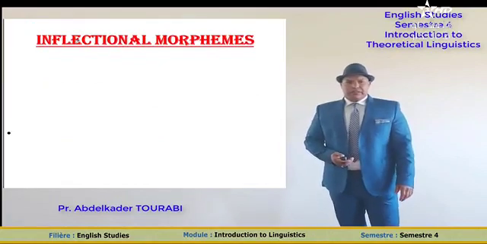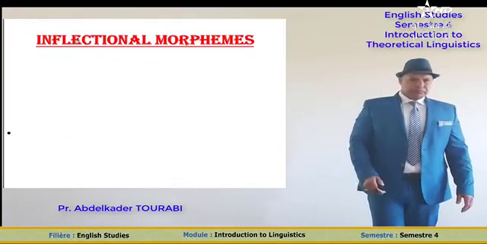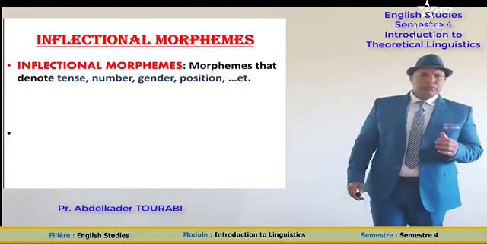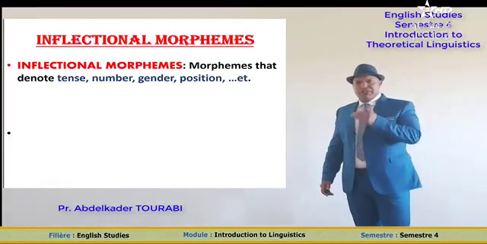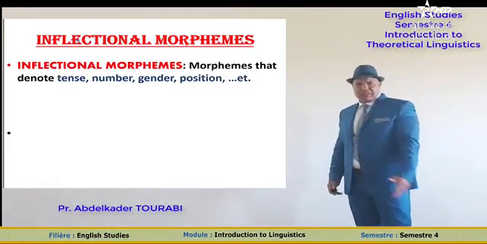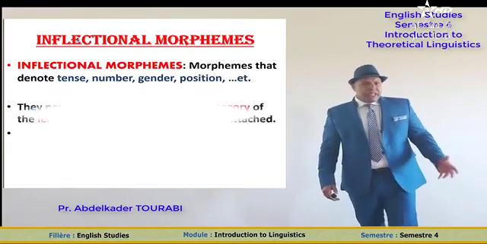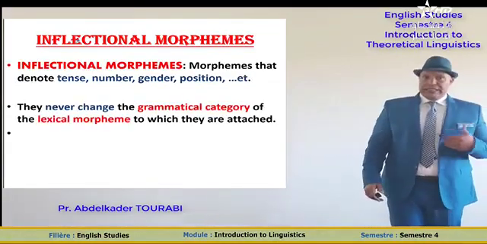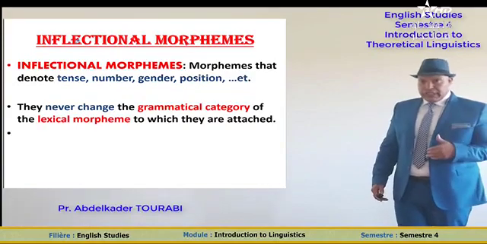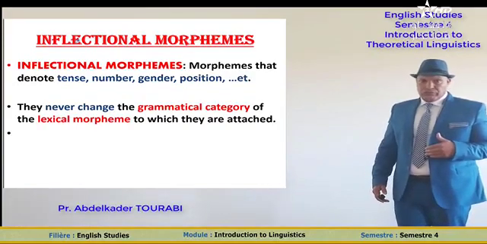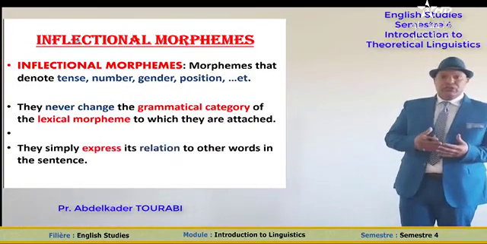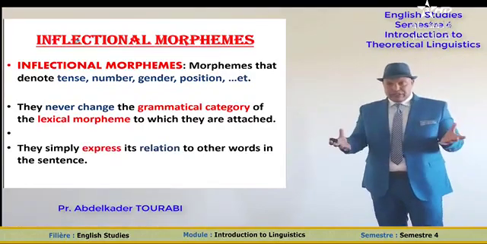Inflectional morphemes are morphemes that denote tense, number, gender, possession, etc. They never change the grammatical category of the lexical morphemes to which they are attached, but they simply express its relation to other words in the sentence.